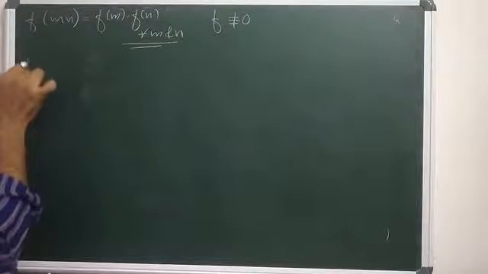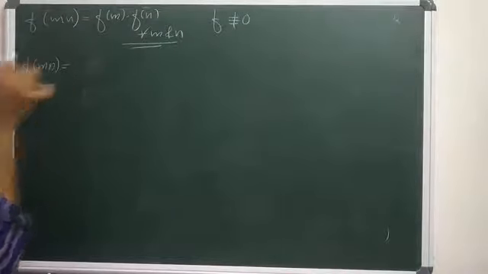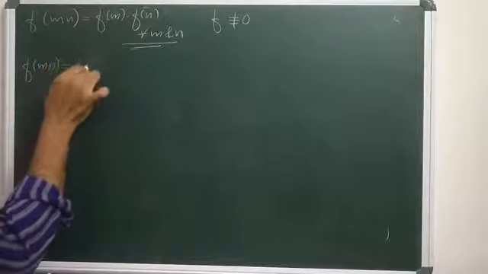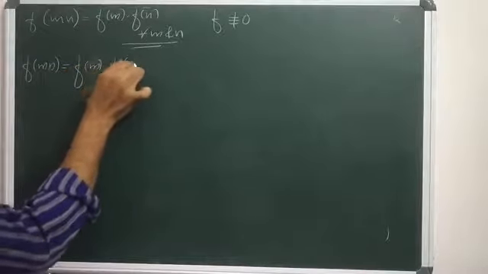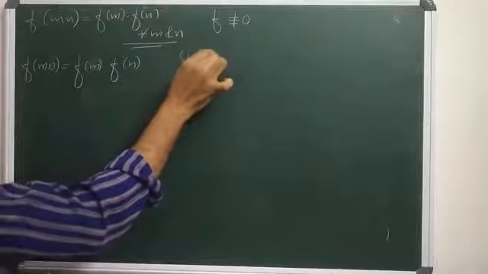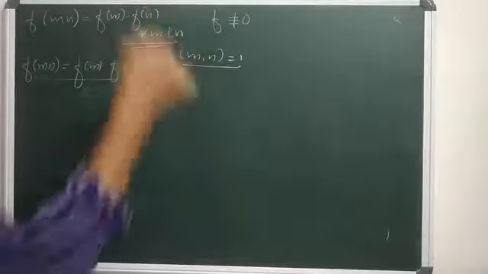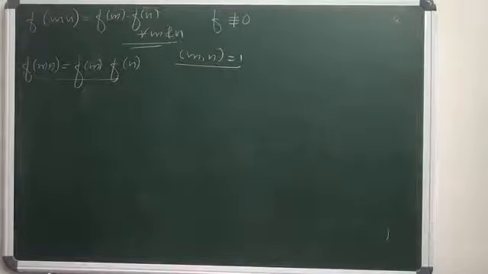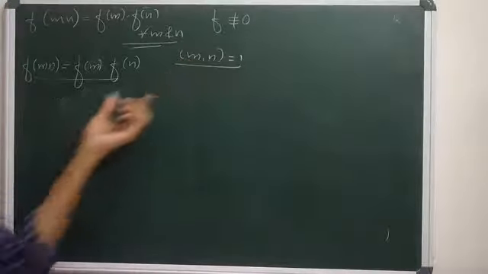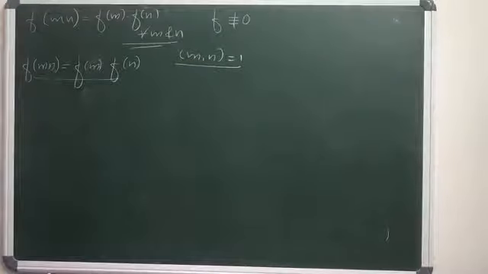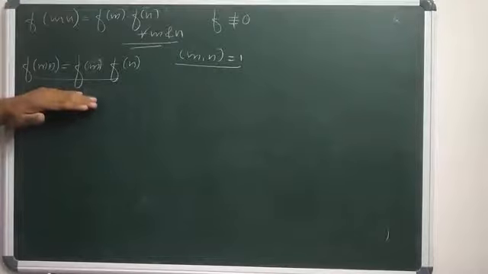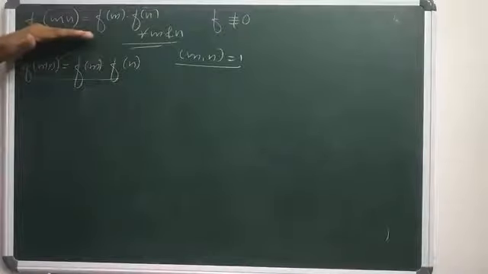Suppose m and n are any two positive integers with f of mn equals f of m into f of n, but this holds only if m and n are relatively prime. Then f is a multiplicative function. This is the multiplicity of an arithmetic function f, and this is its complete multiplicity.